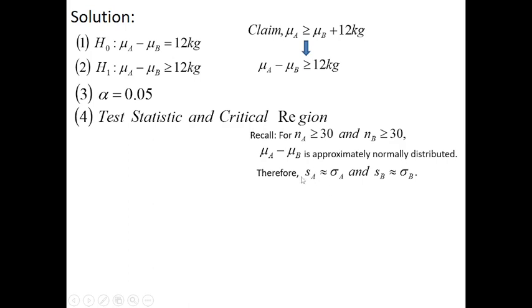So therefore, if it is approximately normally distributed, the sample standard deviation for thread A is approximately equal to the population standard deviation for thread A. Likewise, the sample standard deviation for thread B is approximately equal to the population standard deviation for thread B. So we're going to use the z-test now. How did we arrive at the z-test?